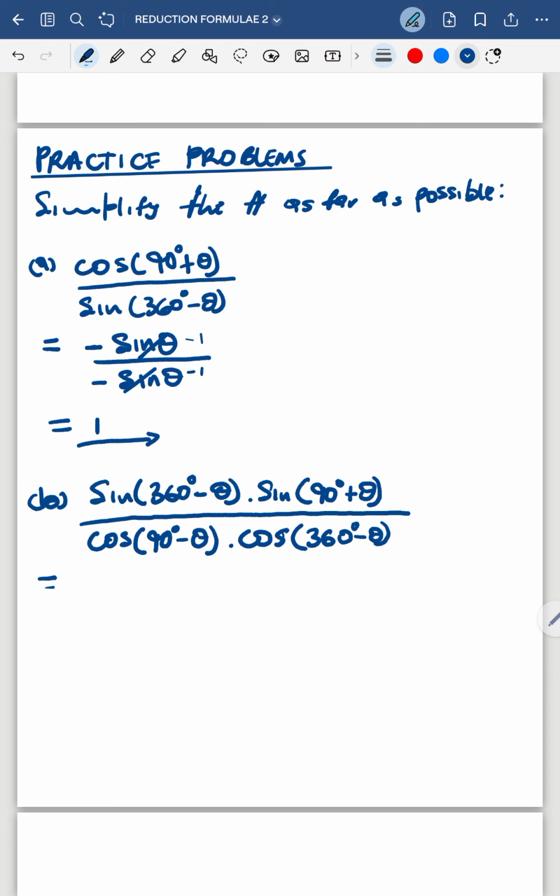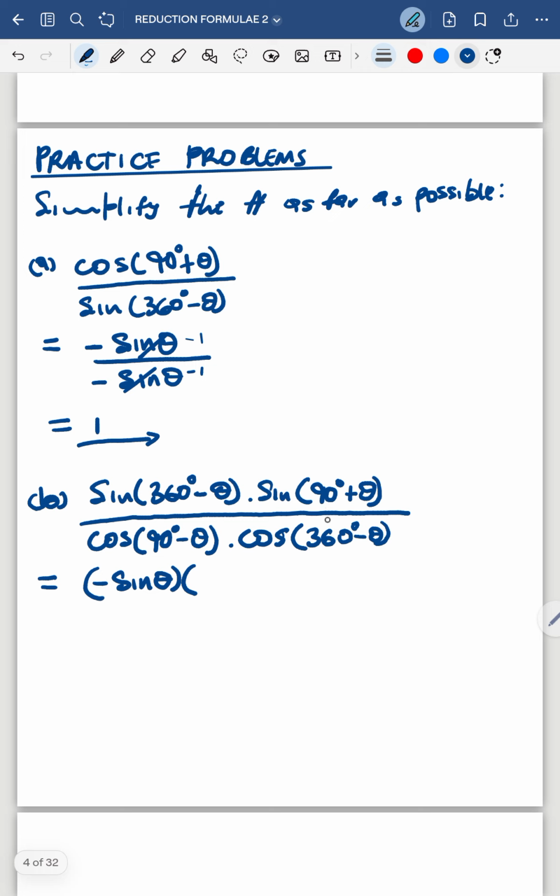Is equal to, okay, so now what are we going to do? We're going to write these according to their signs in the quadrant. So this is the fourth quadrant, that means we have negative sine theta. Then close brackets, open, always use brackets when you're dealing with the sign. Then 90 degrees plus theta. What is the cofunction of this? It's sine.